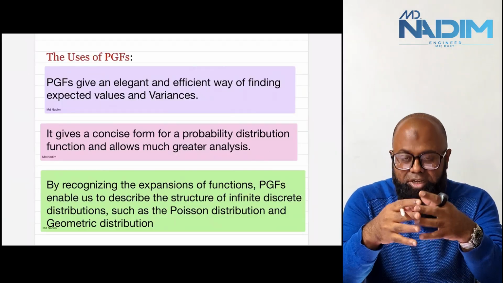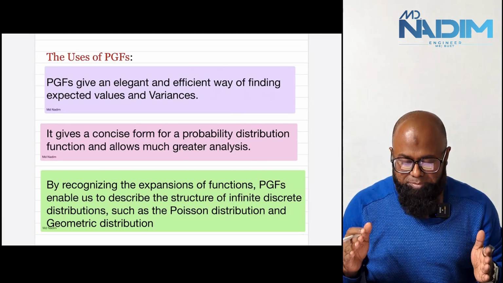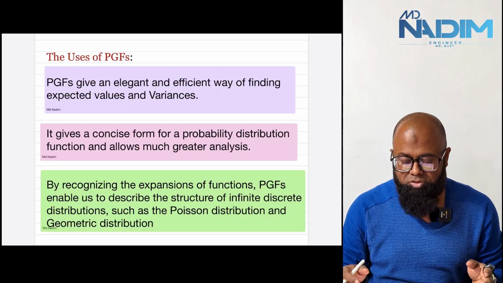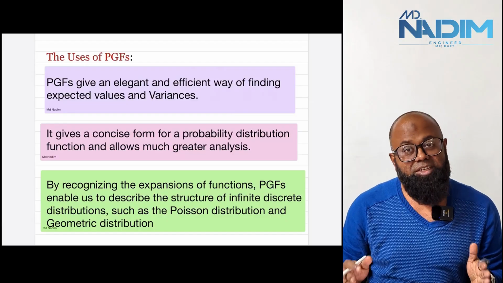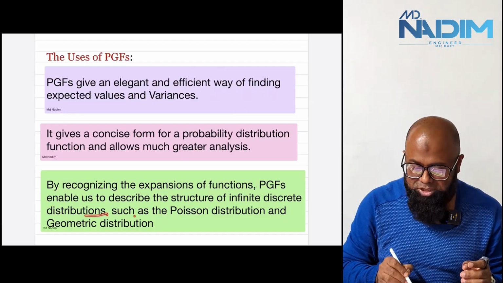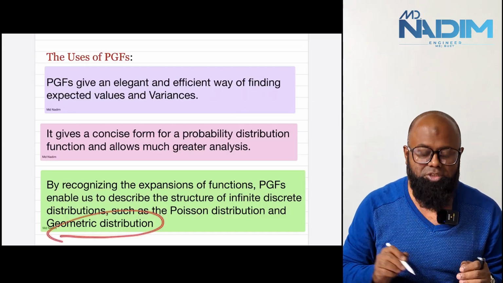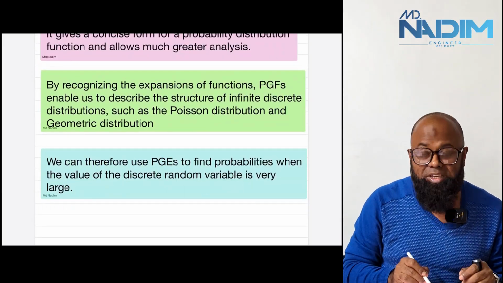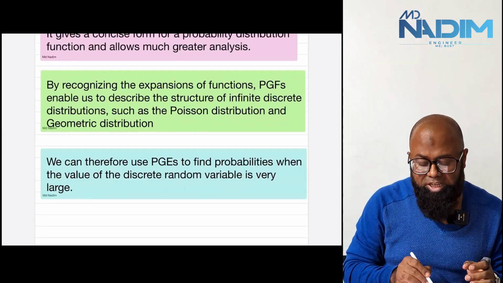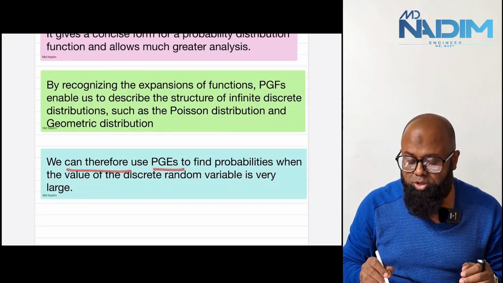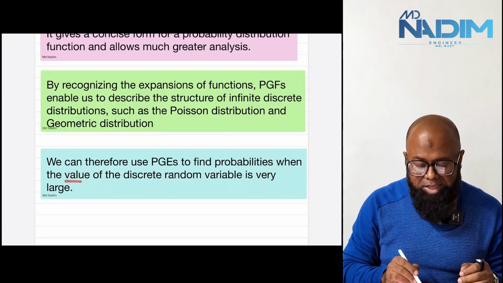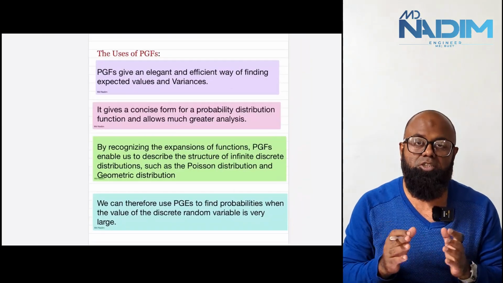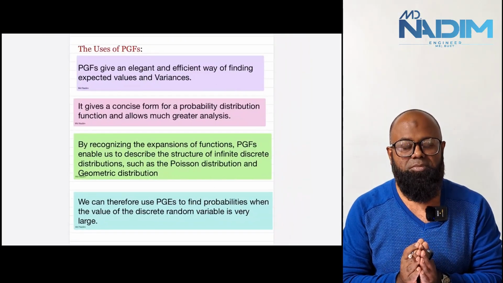The third one is by recognizing the expansions and functions, the PGFs enable us to describe the structure of infinite discrete distributions such as the Poisson distribution and geometric distribution. Very important points, guys. We can therefore use PGFs to find probabilities when the value of the discrete random variable is large. So these are the uses of PGFs.